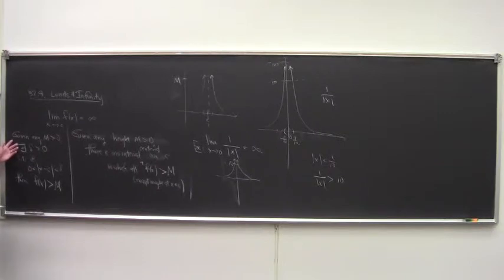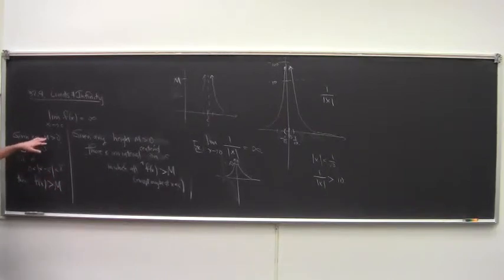Okay, so let me translate. Given any M, there exists a delta, so there exists a distance to c, so that if your distance to c is smaller than that and not equal to 0, then your values all exceed the bar. So you see that it's saying exactly the same thing.